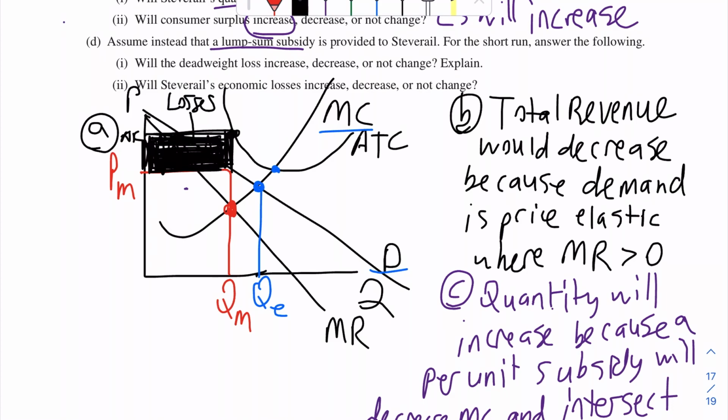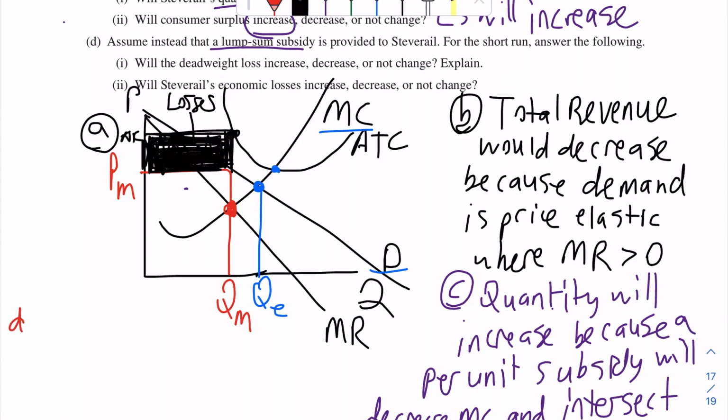A lump sum subsidy, which is just a one-time payment of money, doesn't change as you have more quantity. So did we change the marginal cost? No. Only a per unit subsidy would change the marginal cost. A lump sum subsidy would not change the marginal cost.